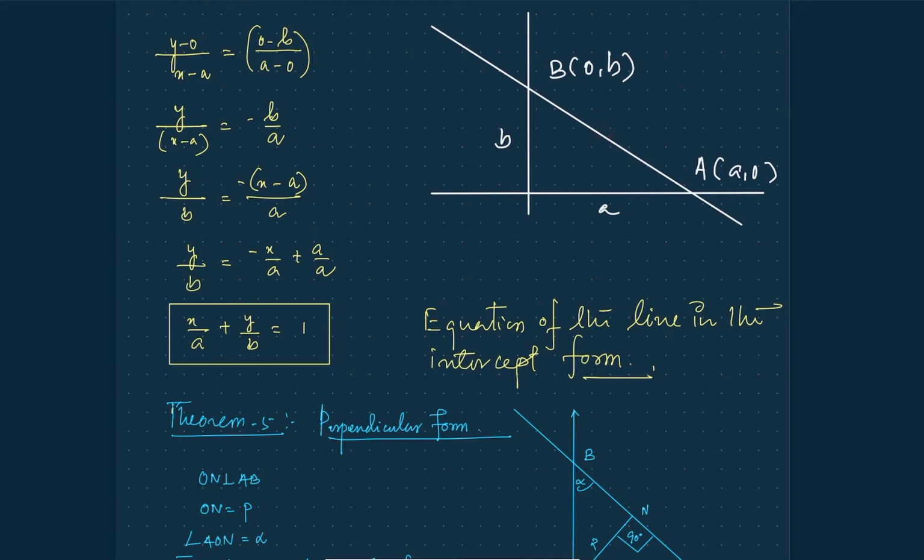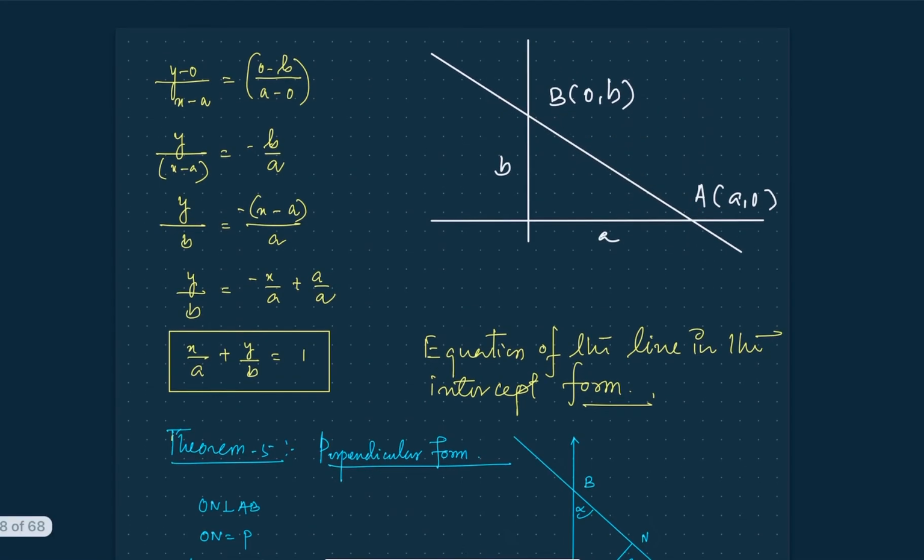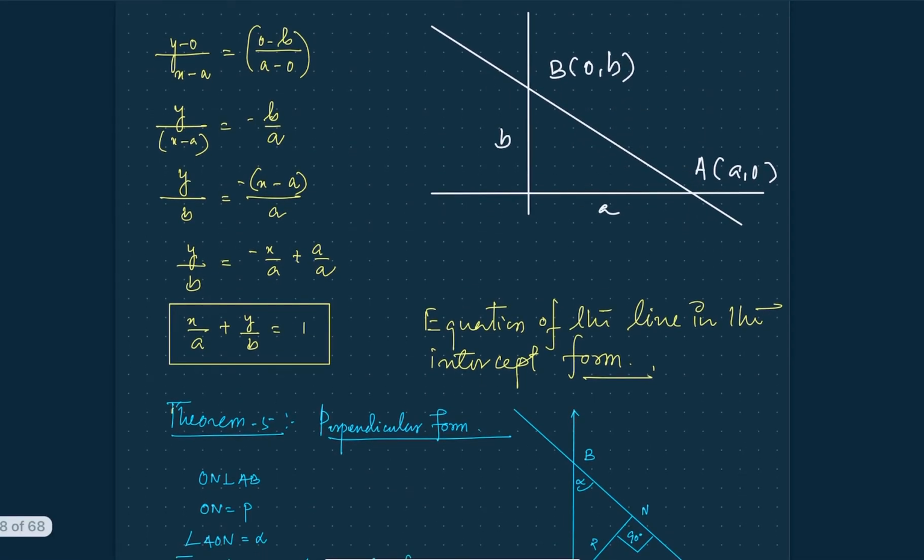So B is (0, b) and A is (a, 0). Suppose any other point on the line is P, equal to (x, y). Then the slope of PA will be the slope of AB, because they are the same line.